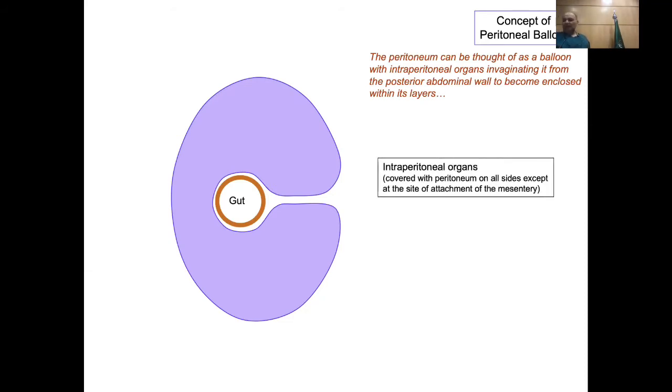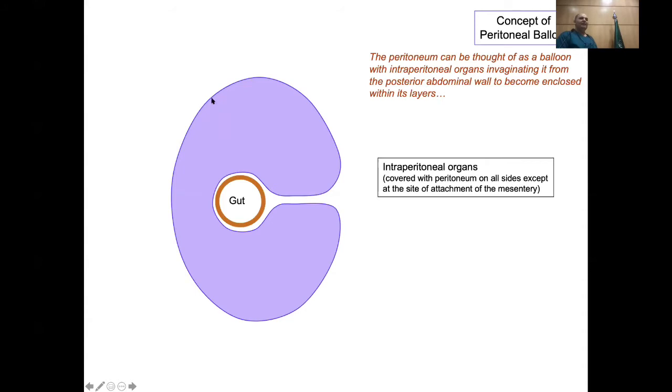And so now, this is an example of an intraperitoneal organ. If an organ drags the peritoneum, the peritoneum which is close to my organ, I have all the rights to call it the visceral layer.